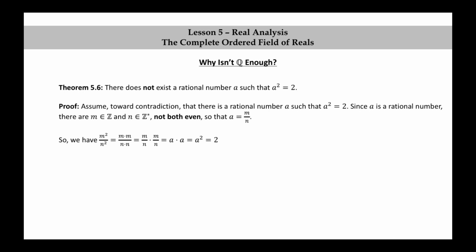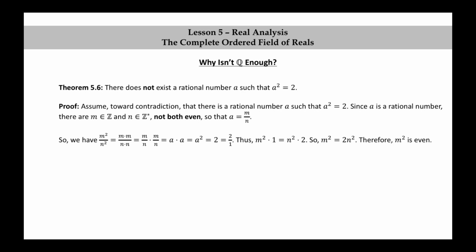And that's equal to 2 by our assumption. And 2 could be written as 2 over 1. Thus, m squared times 1 is equal to n squared times 2. So m squared is equal to 2n squared.